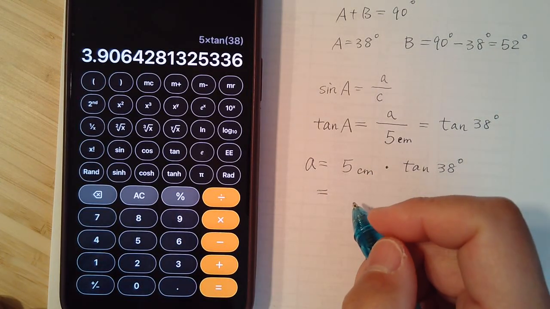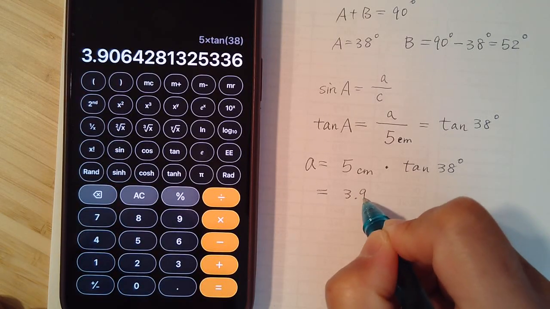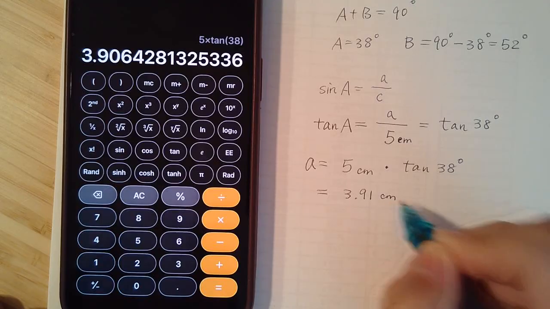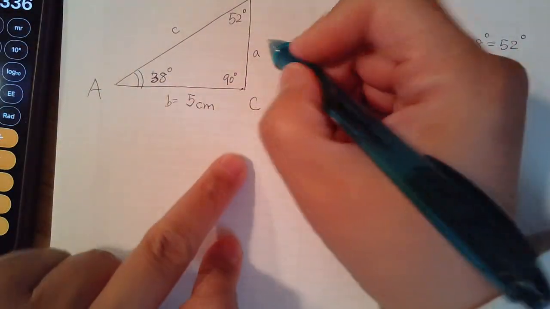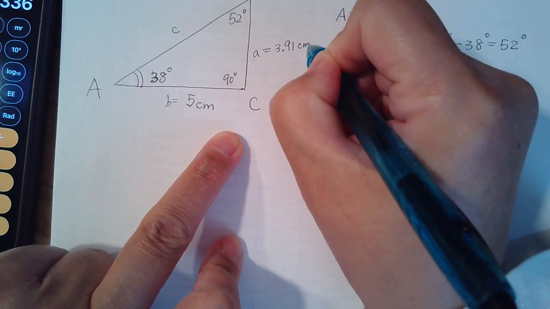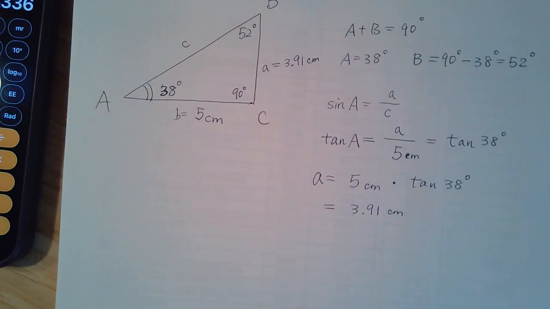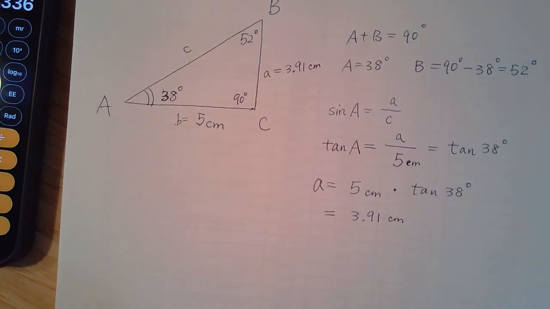If I ask you to keep 2 decimal places, you're going to get 3.91 centimeter. Isn't it cool? I got 3.91 centimeter is my little a. That's nice, right? Okay, so it's a very good thing.